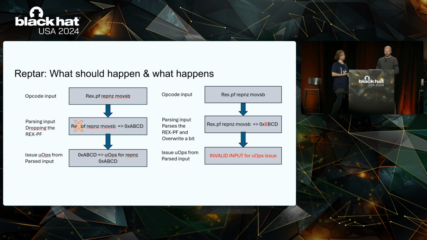in front of one of these instructions, what should happen is that the REX prefix just gets ignored. What really happens, unfortunately, is that it ends up getting passed, and that changes a single bit. That single bit puts the UOP issue in a state where it can end up doing wrong input for UOP issues, meaning that wrong UOPs go down the pipeline.